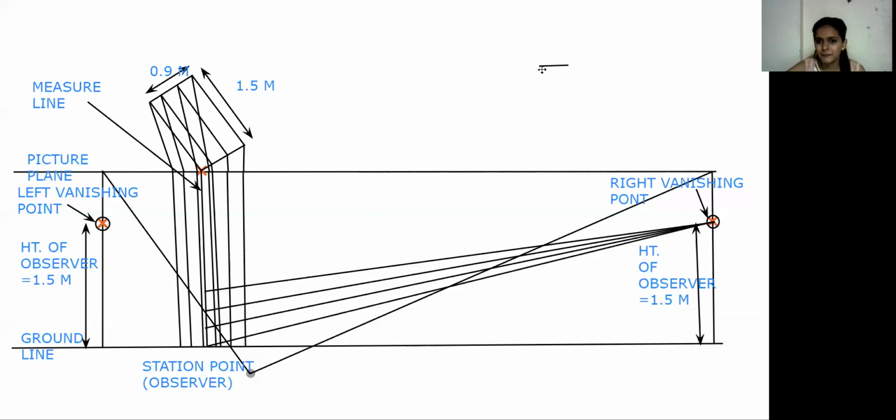So after joining the 4 points with the right side vanishing point, we are going to draw the first part of our perspective. Okay. Show it with the highlighted part. You can use a dark pencil, otherwise use a ball pen of black or blue color.